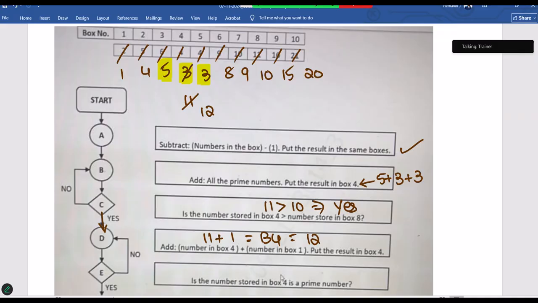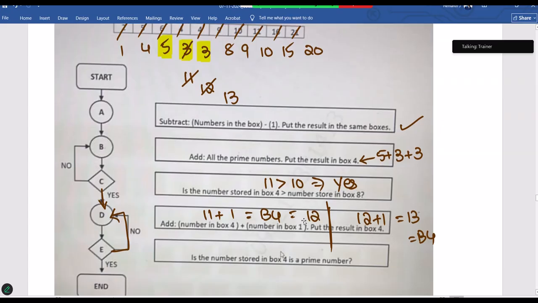Is the number in box 4 a prime number? No, 12 is not a prime number. As it is no, I have to go back to the previous step. What should I do? Now number in box 4 is 12 plus number in box 1 is 13. Now 13 is a prime number, we have to stop. Until it is a prime number, we have to add number in box 1, that is nothing but 1, to be added.